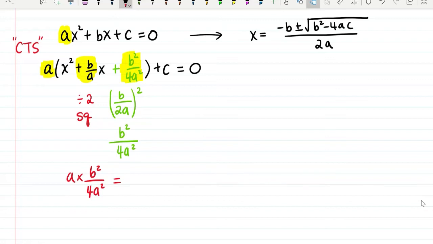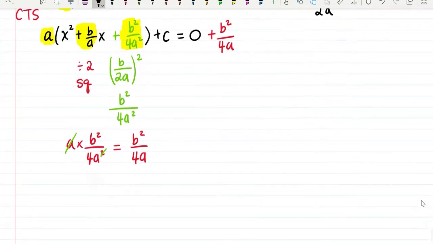If you factor out the a or cancel out the a's, b squared over 4a is the value that we added. So we would have to do the same thing on the right side of the equation. So we're going to add b squared over 4a.